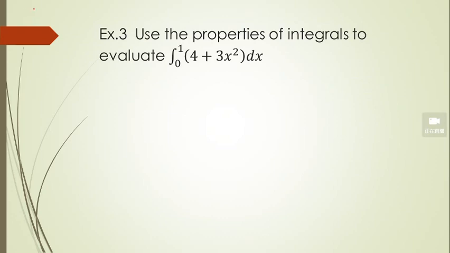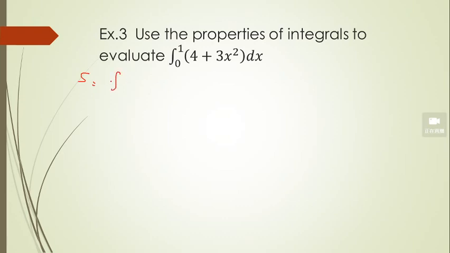Example 3. Use the properties of the integrals to evaluate the definite integral from 0 to 1 of 4 plus 3x squared. Use the properties of the integrals to evaluate this one. Now, this is a plus, right? So which rule can we use?